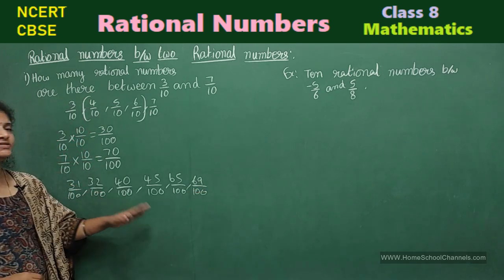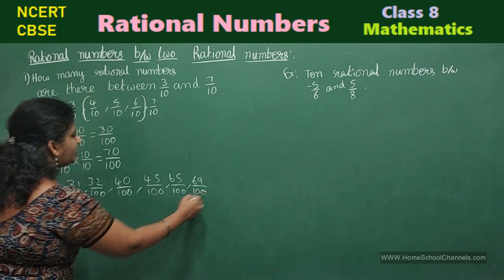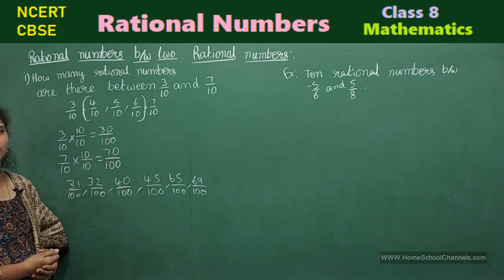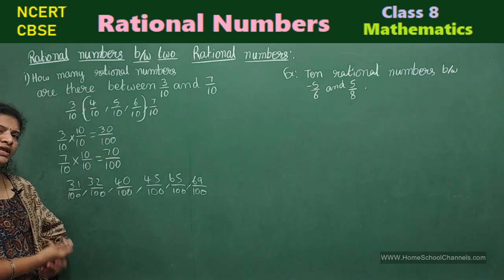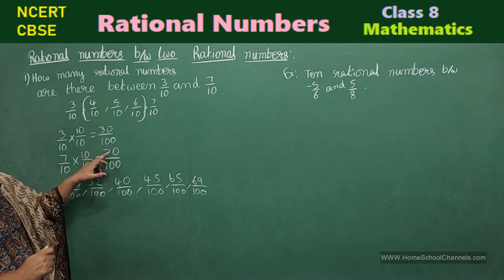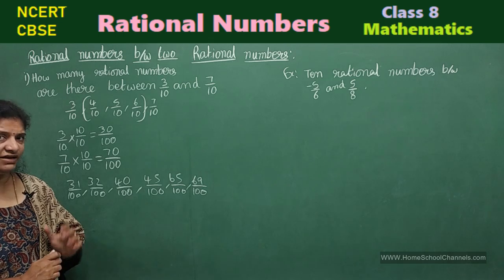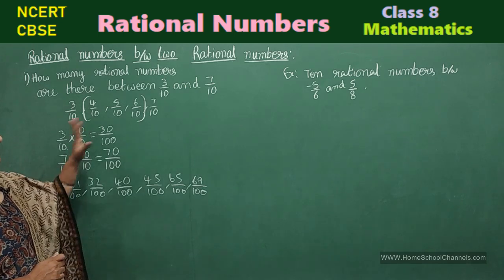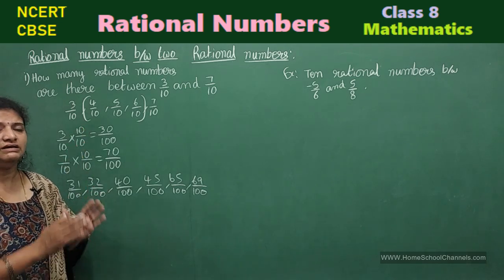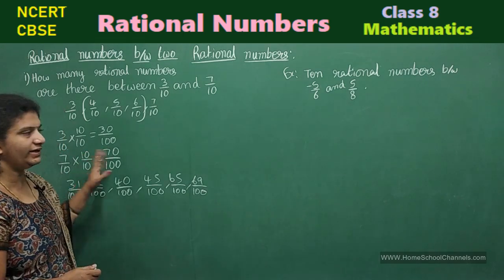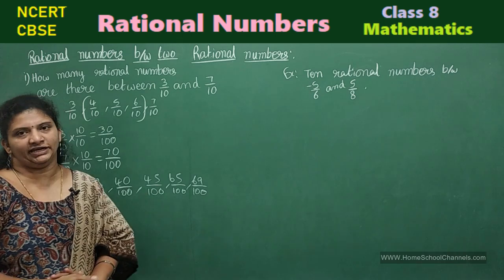See here, up to 69 by 100 you can say. But in between these, there are many. Many means how many can you say here? 70 minus 30, it will be 40. One number you need to reduce. That means 39 rational numbers will be there in between these two with the same denominator.